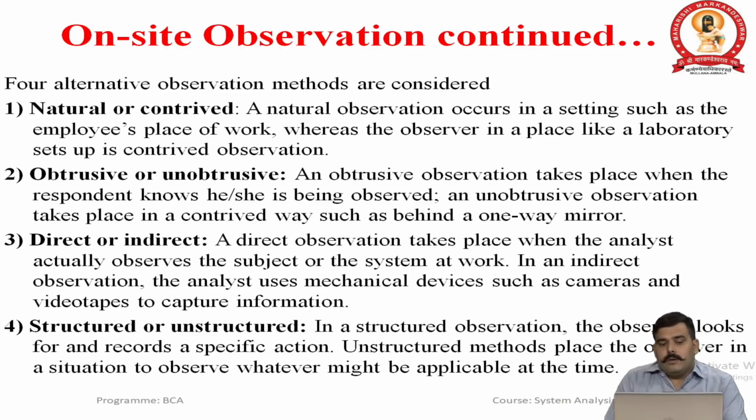So, in natural observation the observer is in the employee's workplace keeping an eye on the process, and in the contrived way the person performing the duty of analyst for the system development will be in the lab, and in that place he or she tries to get the information.